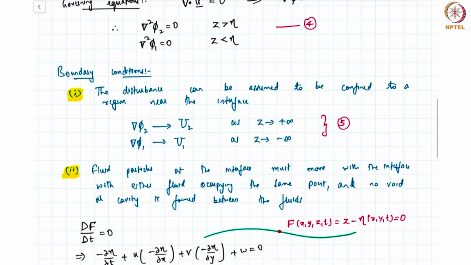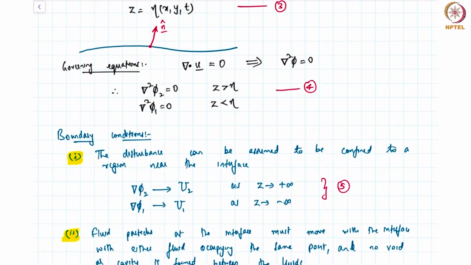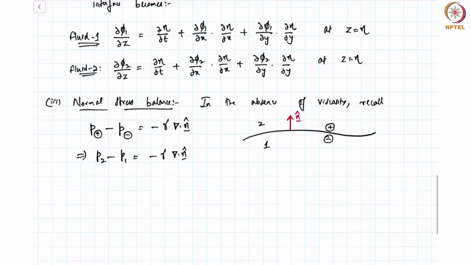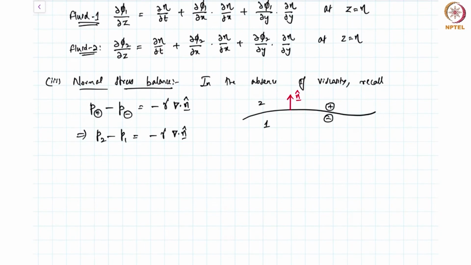Now how do we get P1 and P2? Notice that we wrote down the governing equation, the Laplace equation, equation number 4, without using the momentum. We still haven't used Euler's equation. This comes directly from the incompressibility constraint. Now this is where Euler's equation comes in.